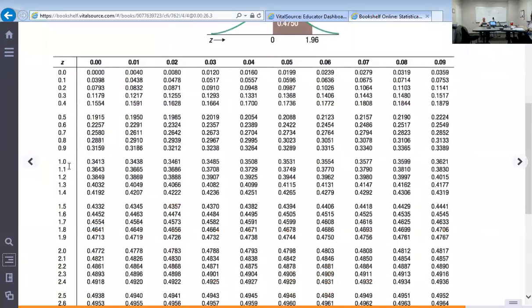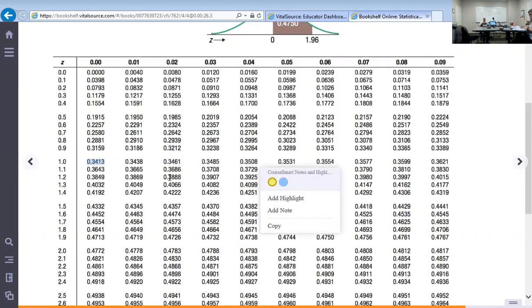A Z-score of 1. So let's come out here and look at this. 0.3413. You with me?